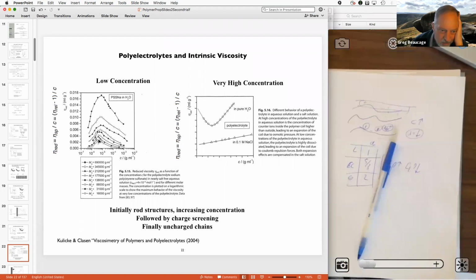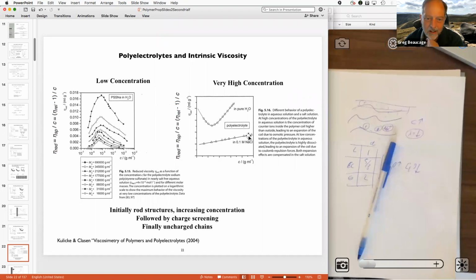As you increase the concentration, you screen the charges, and then the density increases, the intrinsic viscosity drops. And the peak is maybe the isoelectric point, something where you perfectly match out the charges. So polyelectrolytes can have really complicated viscosity behavior because of this screening effect, and also because they're linear to begin with, so they go through these transitions.